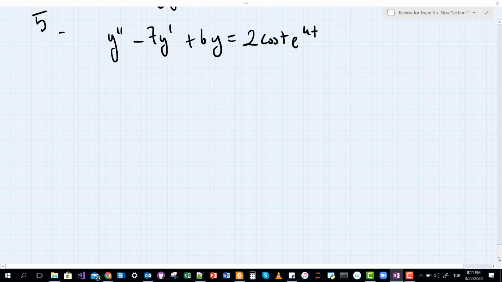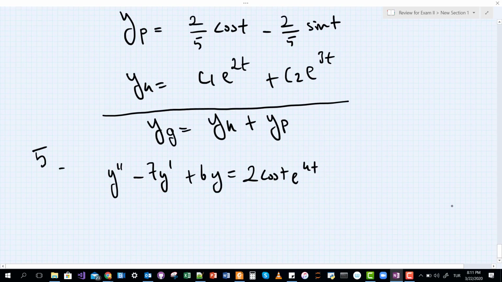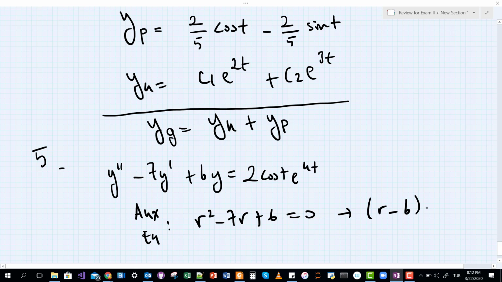Question 5 is this one. y double prime minus 7y prime plus 6y is equal to cosine t e to the 4t, right? I will do the same process, guys. First, the auxiliary equation: r squared minus 7r plus 6 is equal to 0, so (r minus 6)(r minus 1) is equal to 0.